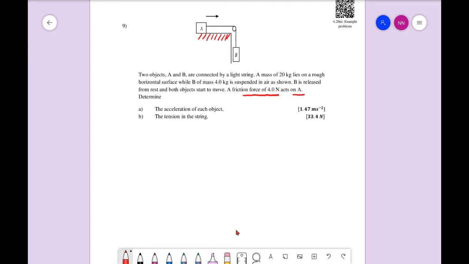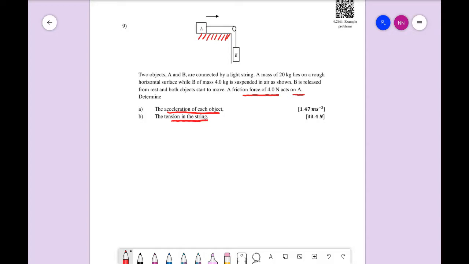Determine the acceleration of each object. So acceleration of object A and B will be the same because they are in the same system. And then the tension in the string.